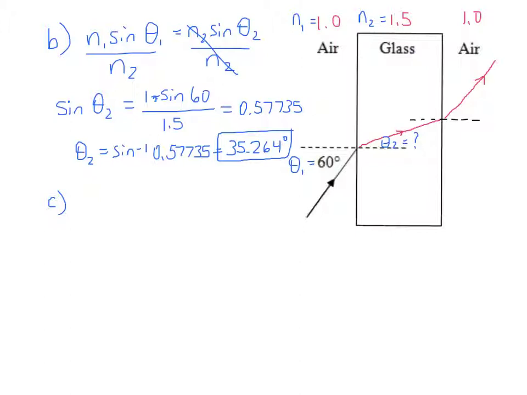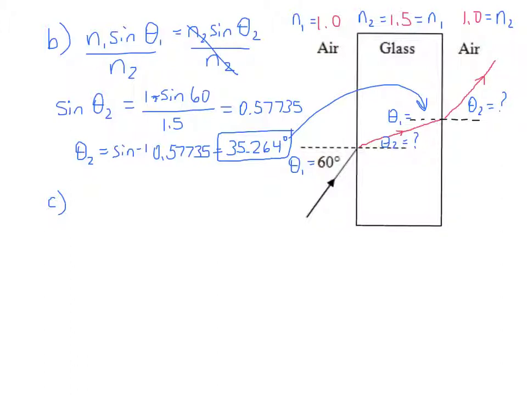So now the 1.5, the glass, is going to become the new N1, and the 1.0 is going to become the N2. The incident angle is now going to be the theta 1, which is this thing, and we are trying to solve for the theta 2, the angle that it emerges back into the air.